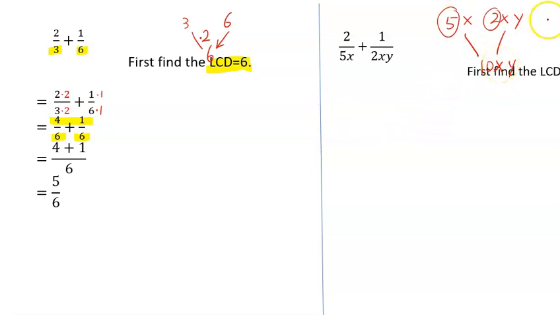Now, if you have trouble seeing the LCD this way, you can do what we did before, use factoring. So for example, we can break down 5x as 5 times x.